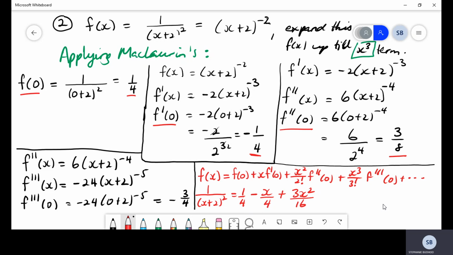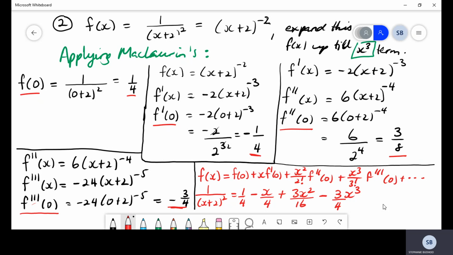Okay, and then finally, we have x cubed over 3 factorial. So that's x cubed over 6. And our third derivative worked out to be minus 3/4. So our answer is going to be minus 3/4 by that x cubed over that 3 factorial. 3 factorial is 6, so 6 by 4 is, oh, I made a mistake, by the way.